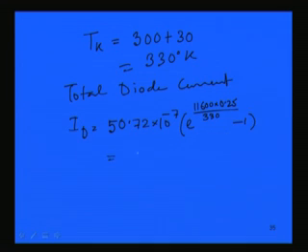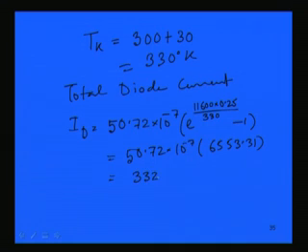If you compute the right side, this exponential part comes to 6553.31, so we get 33238.41 into 10 to the power minus 7.